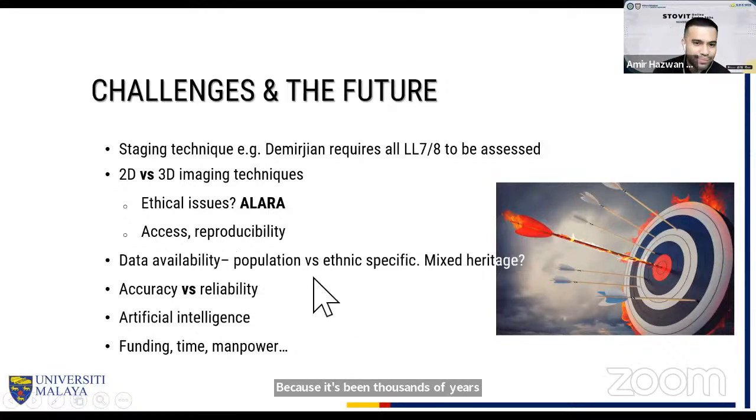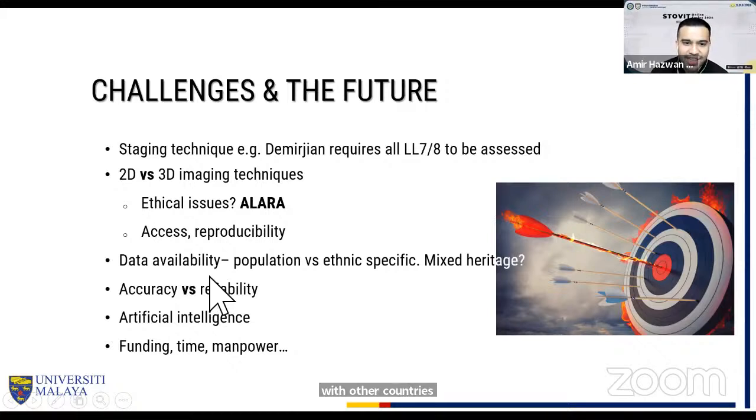So I think it's more appropriate to use population specific data rather than ethnicity. Maybe in the future we can collaborate with other countries to have more comprehensive data to tackle this issue. And as I mentioned, accuracy and reliability.